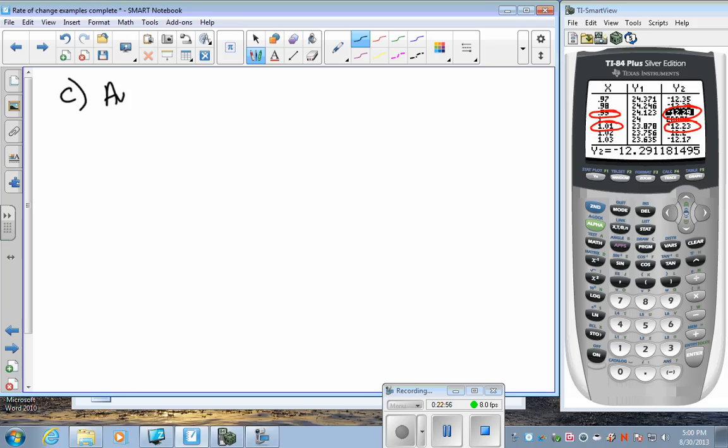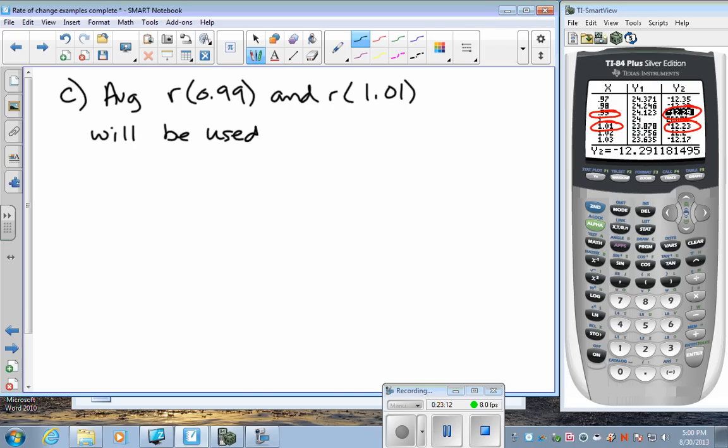So the average between R of 0.99 and R of 1.01 is what we are going to use to estimate the instantaneous rate of change.